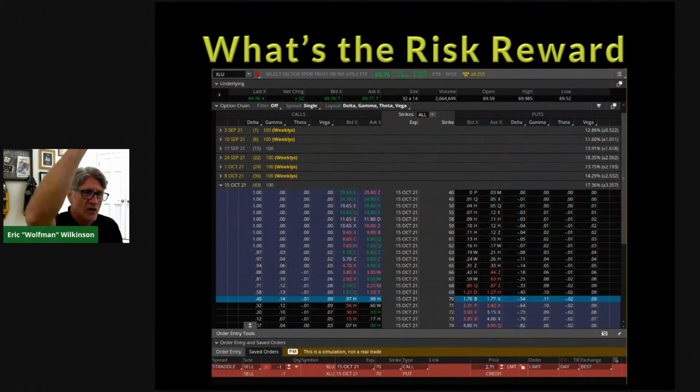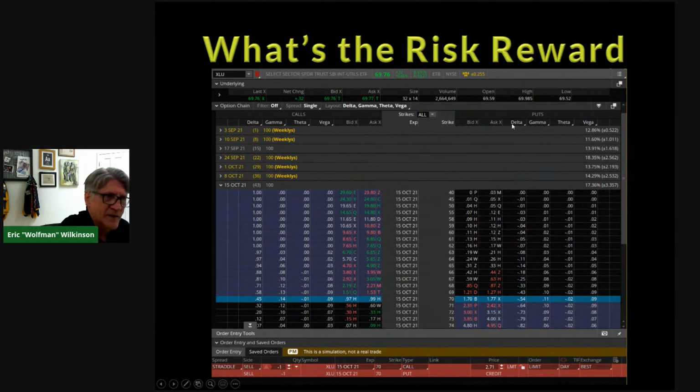All right, so last week when I was looking at this, we can see the delta. See, that time it worked. I don't get it. Calls, puts. All right. The delta for the puts is negative because a move higher would make those puts go down in value. But I was looking at the 70 strikes here, okay? Volatility went up just a little bit from when we were first looking at it, which is a good thing.